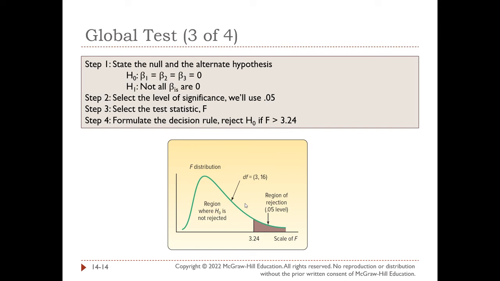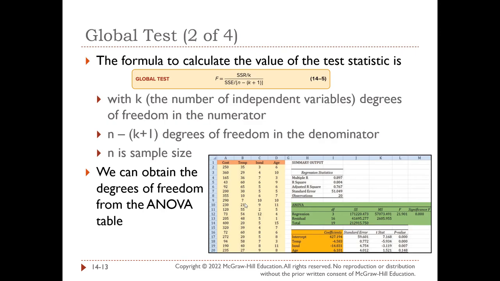Most of the time, again, we're going to use 0.05, especially with the F statistic. Select the test statistic, F. Formulate the decision rule. Reject the null if F is greater than 3.24.